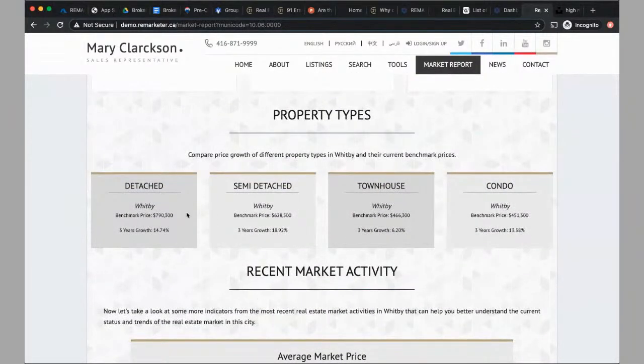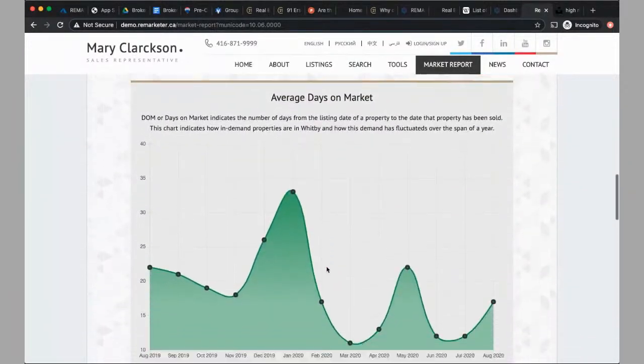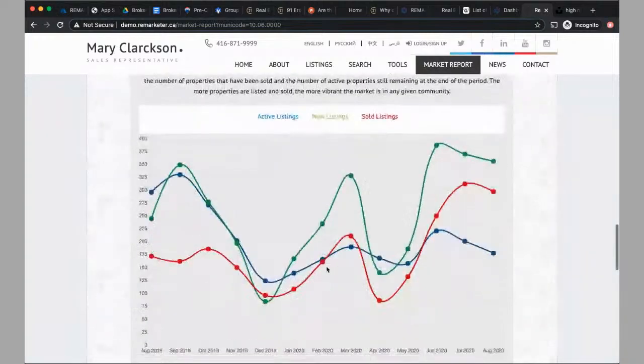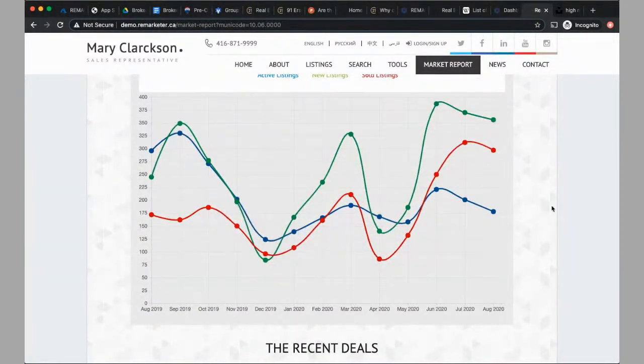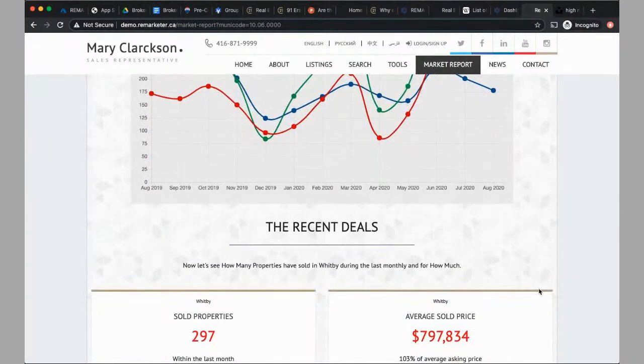Then we have the different property types with their benchmark price, as well as their growth trend and the average price, average DOM, as well as the market activity. This one is a very important chart because you can really see how the market is shifting and fluctuating, and you can really compare year to year and month to month for several different derivatives that you can take out of this chart over here.